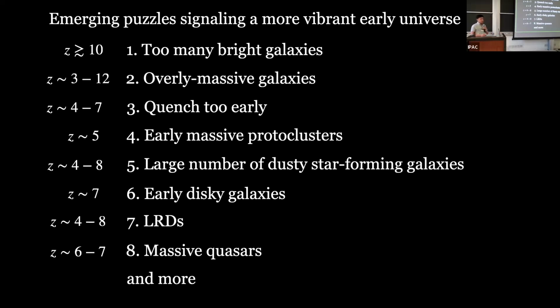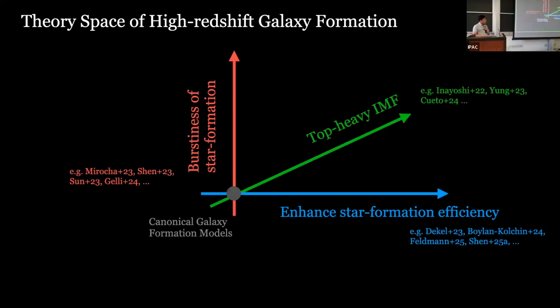So they're all suggesting that structure formation seems to proceed more rapidly at early times. There are many solutions that have been explored in the literature. Many of them revolve around modifying the galaxy formation model so that we can produce phenomena like bursty star formation, enhanced star formation efficiency in certain regimes, or a top-heavy stellar initial mass function that could help reconcile many of these tensions.